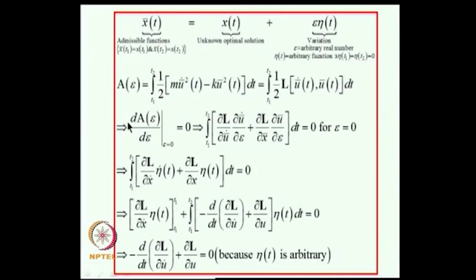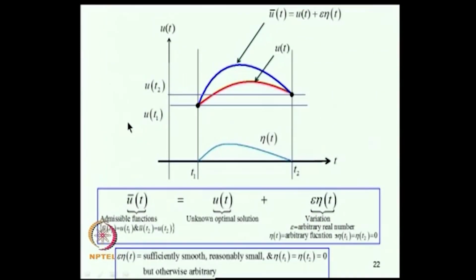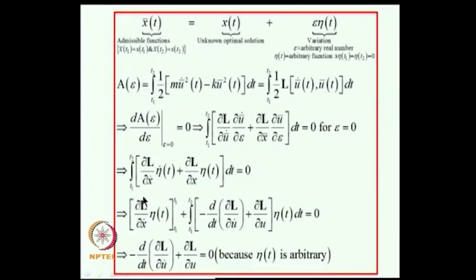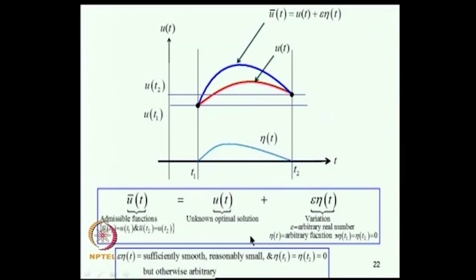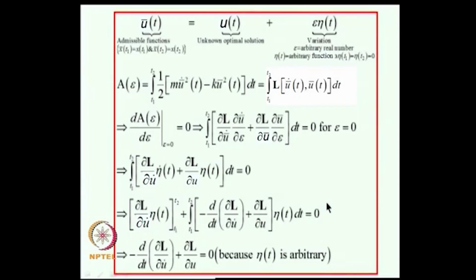Now, the point is, if you carefully look at the formulation of the definition of these functions, this action is now a function of epsilon. That means we have actually parameterized the admissible functions through a single parameter epsilon. By varying epsilon, I can get different types of admissible functions, and bear in mind that eta of t is also arbitrary. So, that would cover all possible admissible functions.